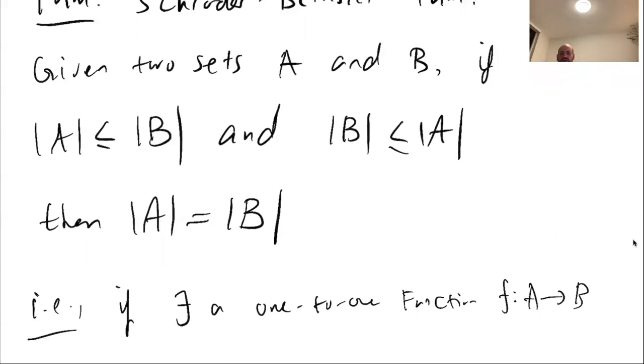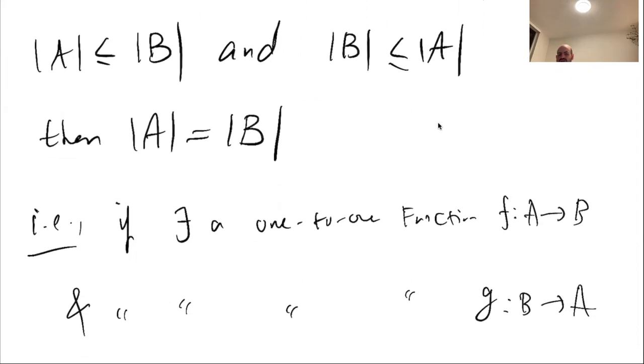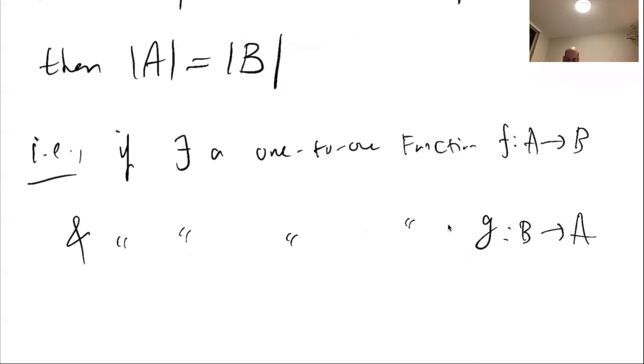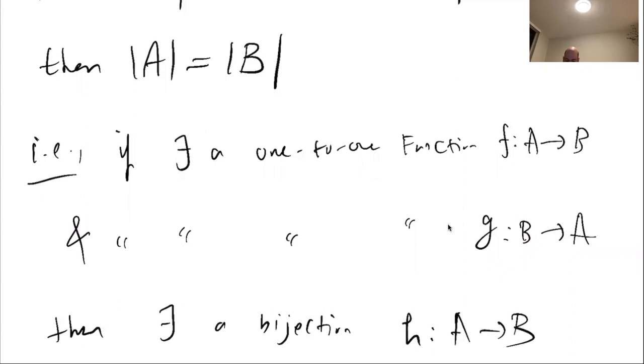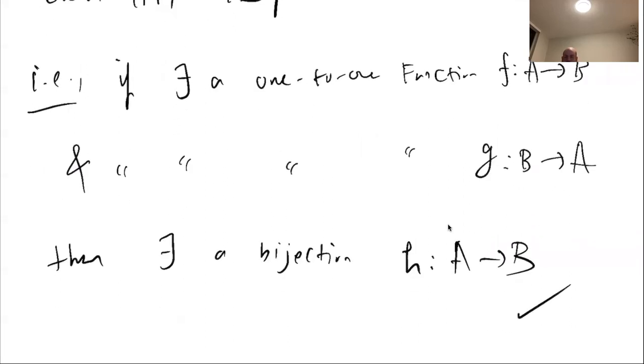Okay, so let me explain. This part means if there is a one-to-one function f from A to B. This part means there exists another one-to-one function, maybe we can call it g, from B to A. So if we have these two such functions, then there exists a bijection, let's say h from A to B. This is very interesting.